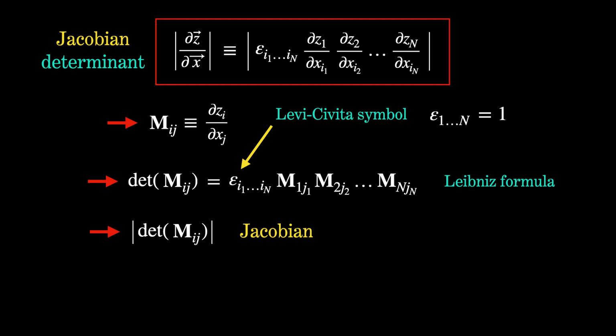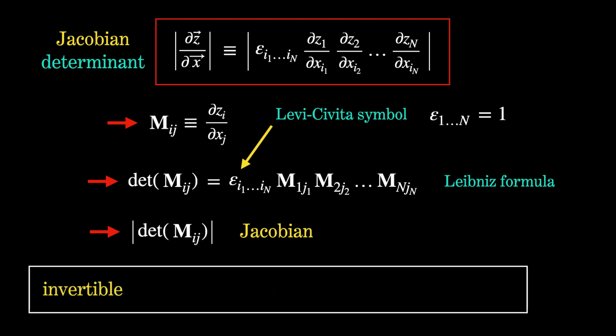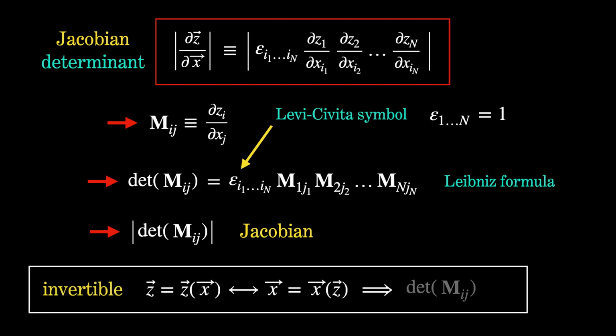The matrix involved is defined by the partial derivatives of z's with respect to the x's. Since the relation between z and x is invertible, this means our determinant is also non-zero. So in such cases, the Jacobian formula is applicable.